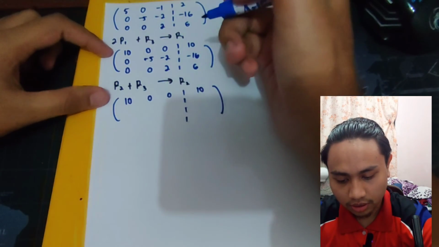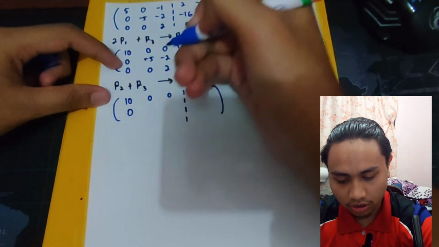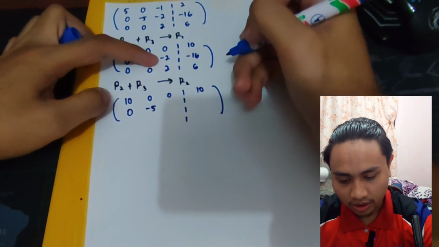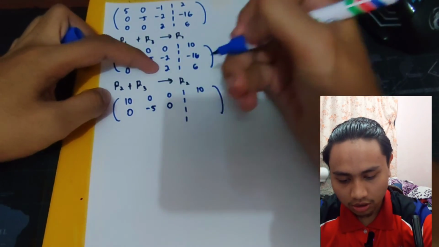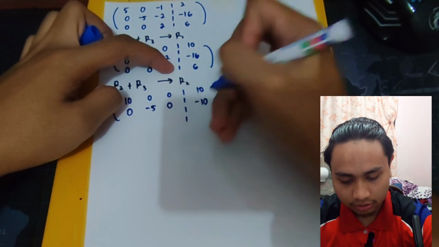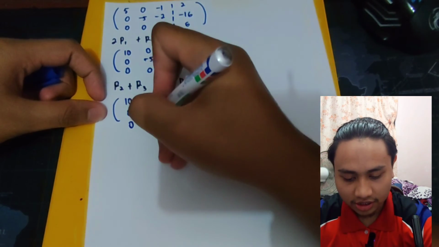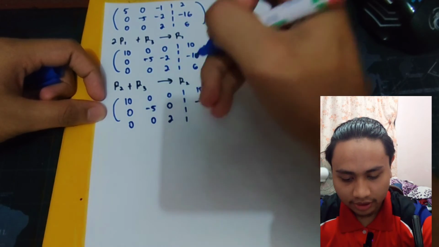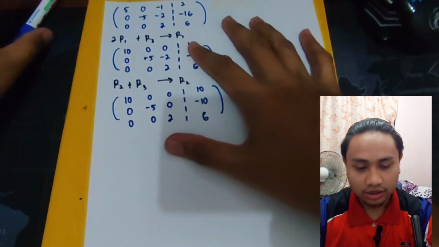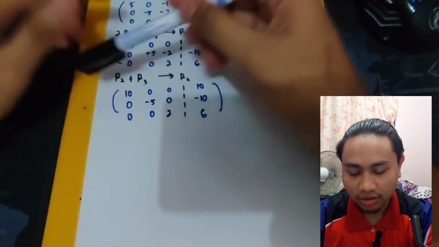And here row 2 plus row 3: 0 plus 0 is 0, -5 plus 0 is -5, -2 plus 2 is 0, -16 plus 6 is -10. Row 3 we write the same because there's no operation. Now we get 0 at the top and 0 at the bottom.